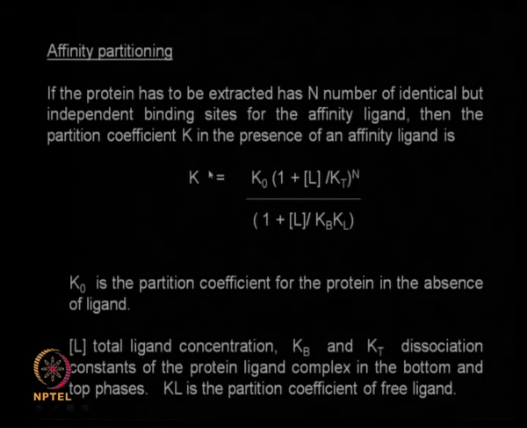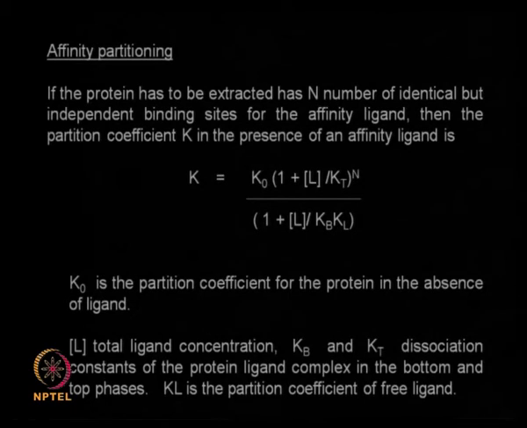So you see the partition coefficient for the protein varies and it depends on the concentration of the ligand I am using, the number of sites available in the protein for the affinity ligand to bind, the partition coefficient of your ligand, and the dissociation constant of the protein ligand complex in the heavy phase as well as in the light phase.